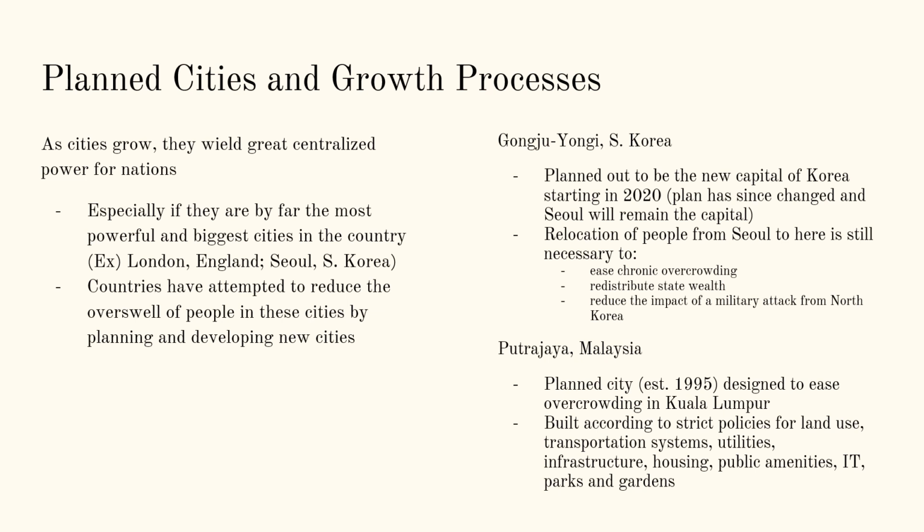Seoul is right near the border with North Korea, and so the thought was not only can we build a new city where fewer people will be living so that we can cap off the groundswell that's happening in Seoul, but also strategically we can move it further away from the North Koreans, whose government is not necessarily the most stable, if I can speak so kindly.